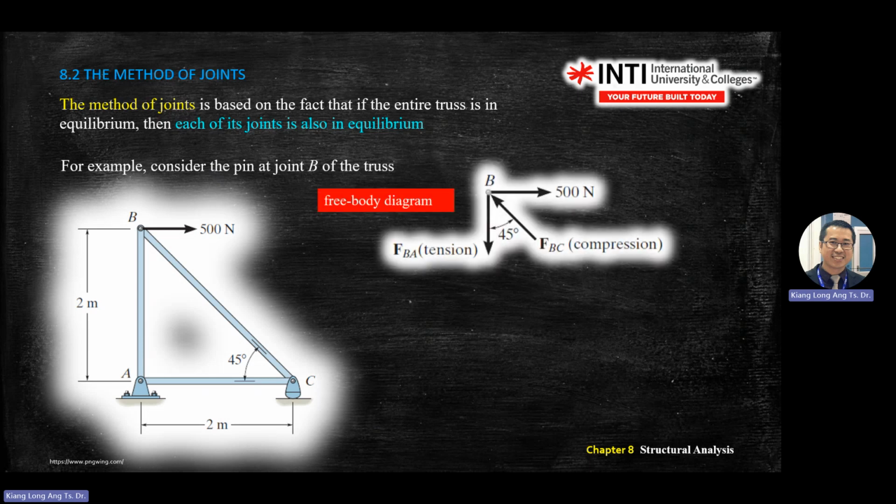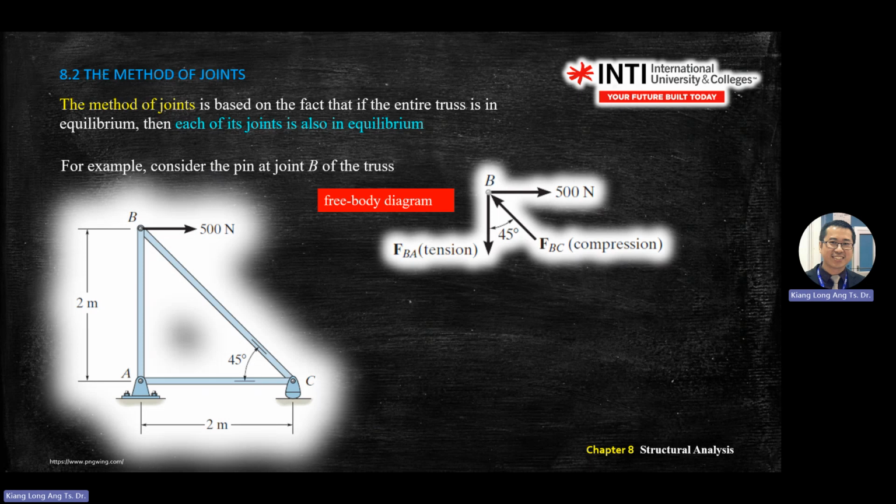Okay, free body diagram. We start with one point that already gives you the numbers or external force. The steps always start with one point or one pin where you already know the numbers. For example, pin B. Pin B has the 500 Newton, and FBA and FBC.